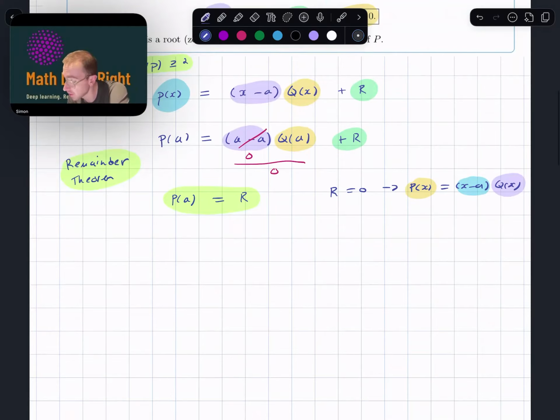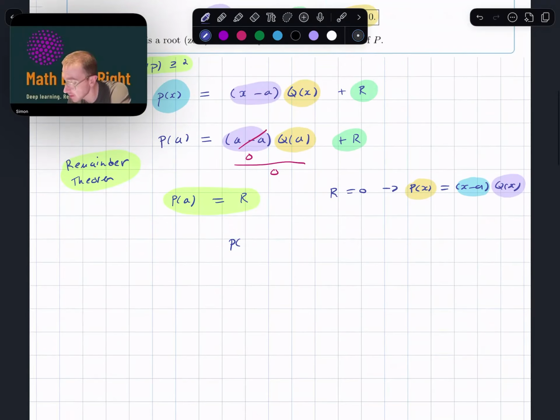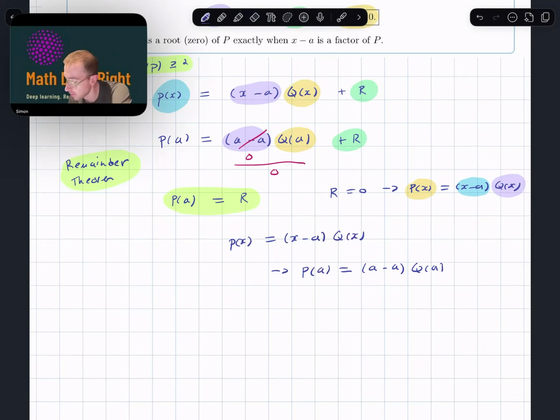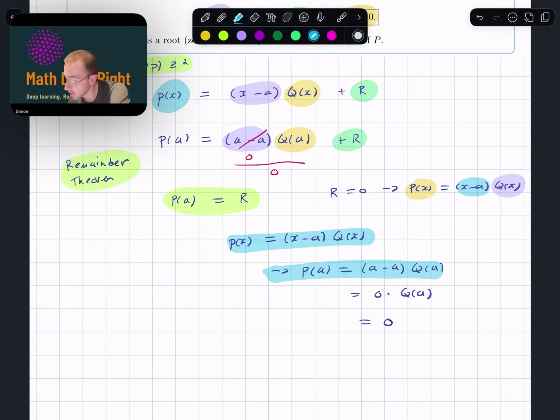The other direction is the trivial one: if p of x is equal to x minus a times q of x, then of course p of a is equal to a minus a times q of a, which is 0 times q of a, which is 0. So this is the other direction. This is an if and only if.